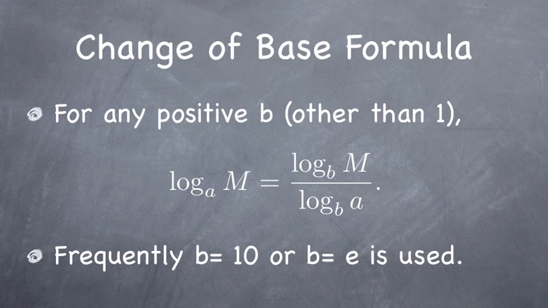So for that reason, if we're given a complicated logarithm for which we would like to have a good estimate from our calculator, chances are we're going to have to first rewrite it using the change of base formula. So rewrite the logarithm in terms of common logs, log base 10, or natural log, log base e.